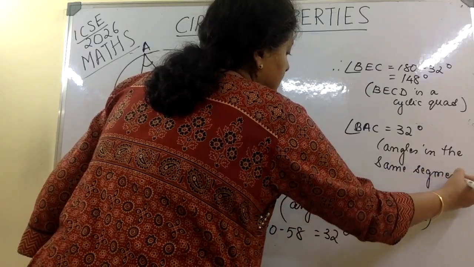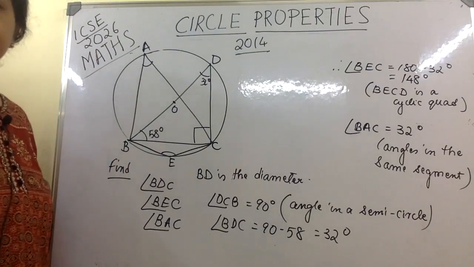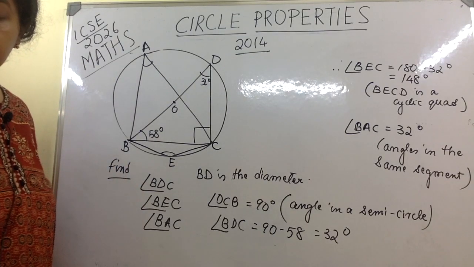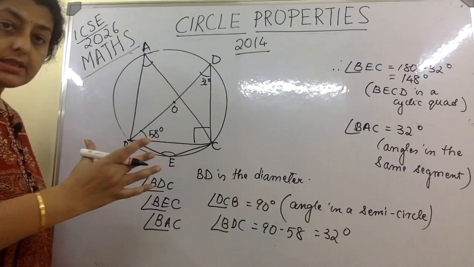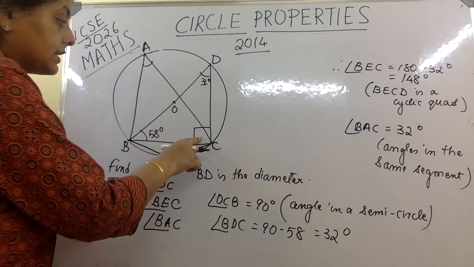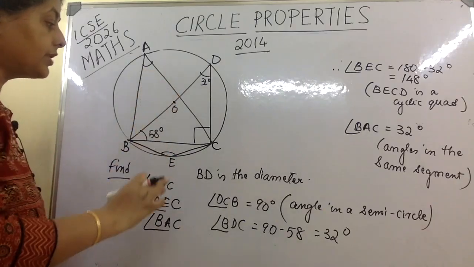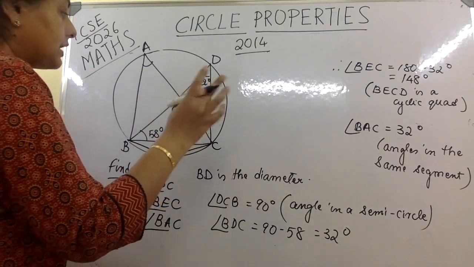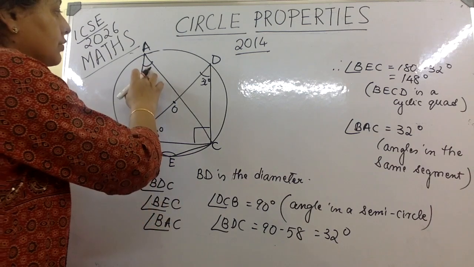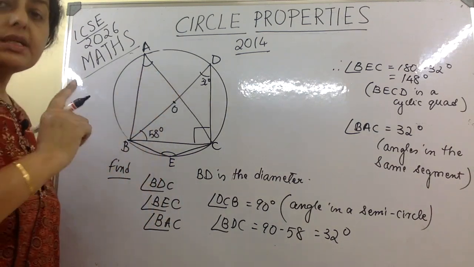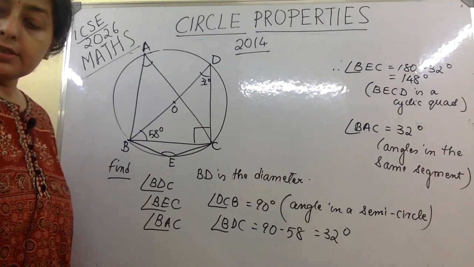So I have written the reasons also for all of them. Quick sum, only thing is don't miss this. So we have used three different properties here: the cyclic quadrilateral property, angle in a semicircle for the 90 degrees, and also angles in the same segment. Let's see the last question.